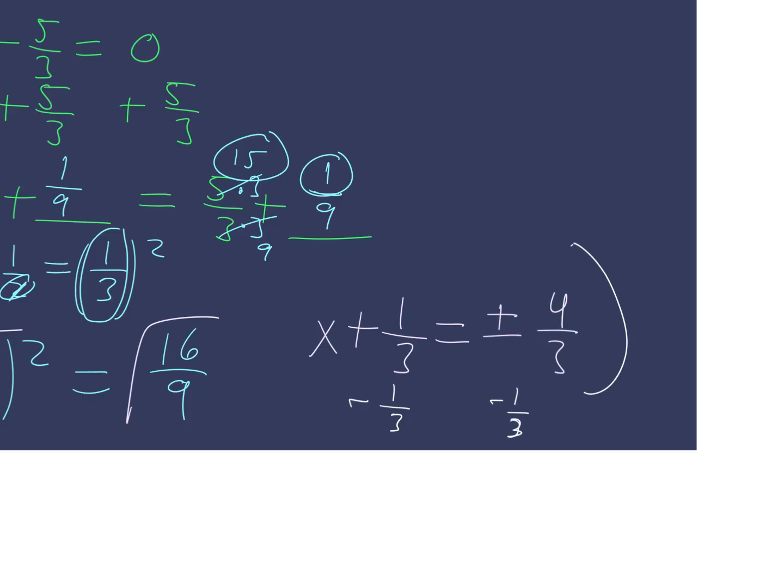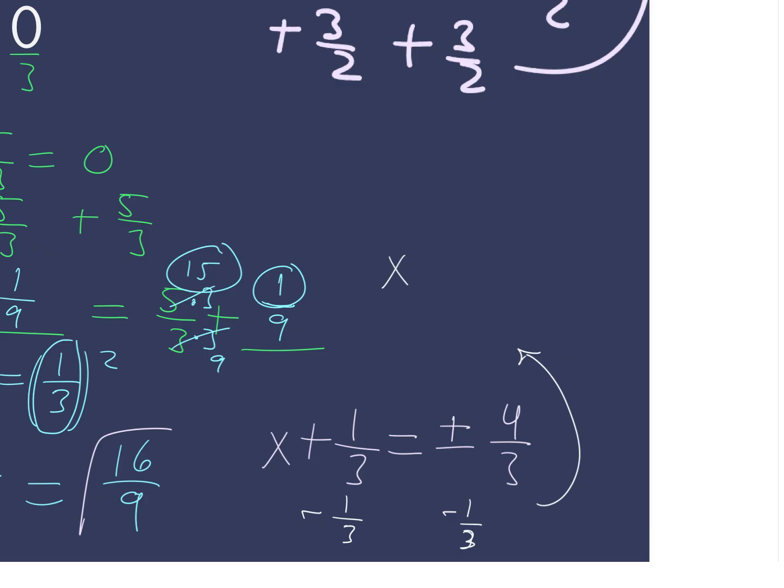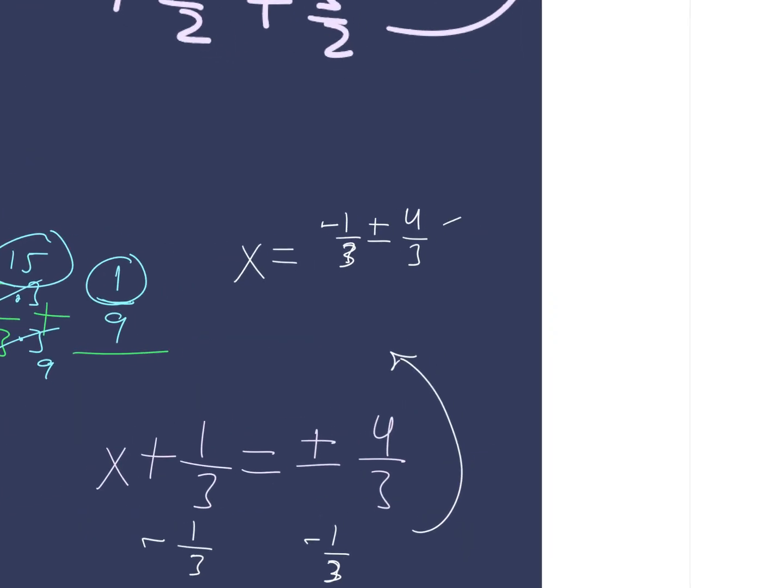And then I'll write this up here. So then I get x equals negative 1/3 plus or minus 4/3. Can I do anything more to that? All right, good, right? Split it up. So I get negative 1 over 3 plus 4 over 3, and then I get negative 1 over 3 minus 5 over 3.